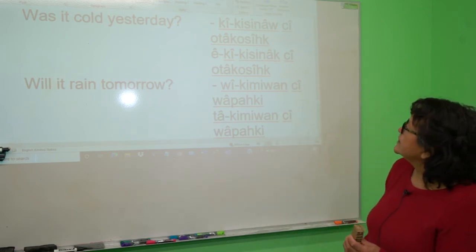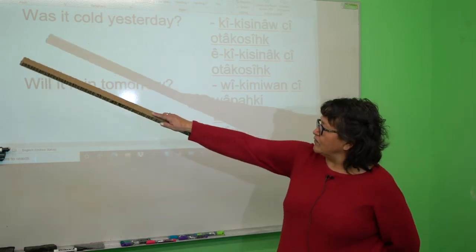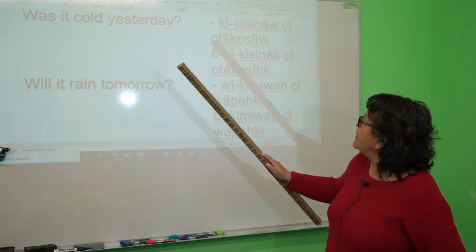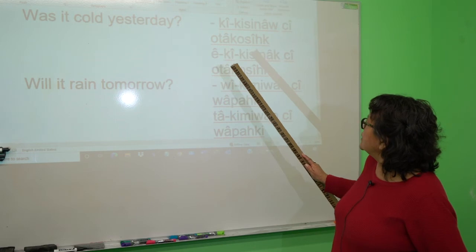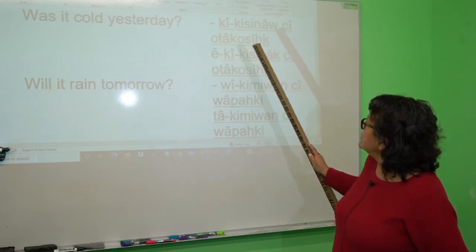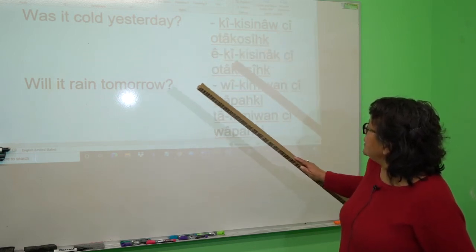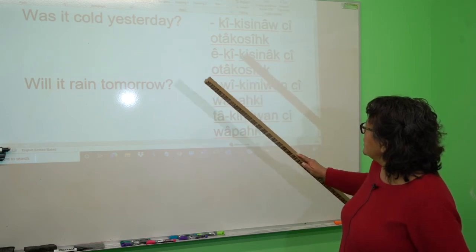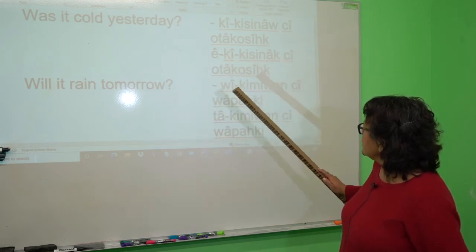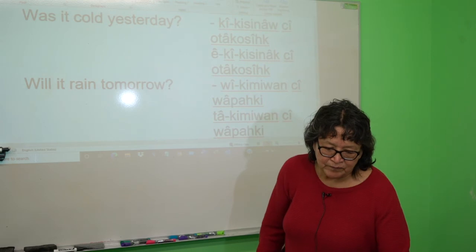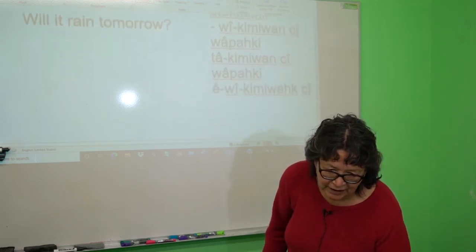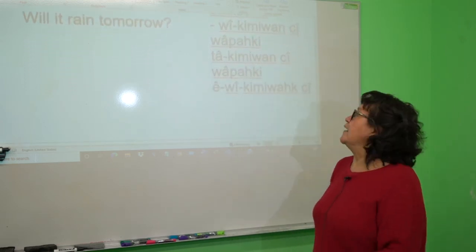So, okay, continue on. Was it cold yesterday? Ki kisinau ti otagosik? Ki kisinau ti otagosik? Egi kisinau ti otagosik? So the next one, I added all the examples on this one.